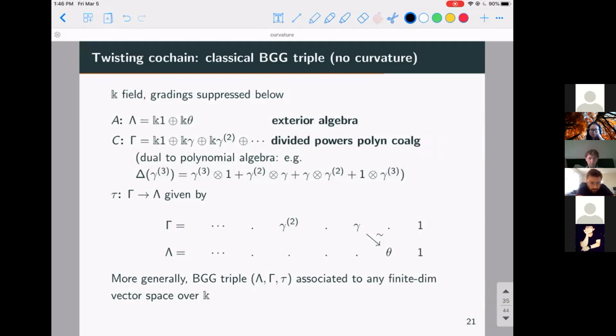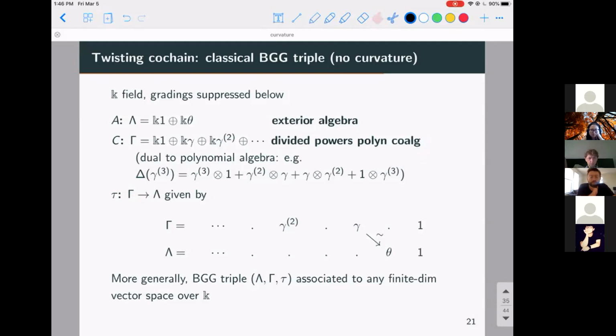That turns it into, well, it has the same size as a polynomial algebra, but now it's a coalgebra, and you should really think of it as a divided powers coalgebra. So this comultiplication is dual to the multiplication on a polynomial algebra.